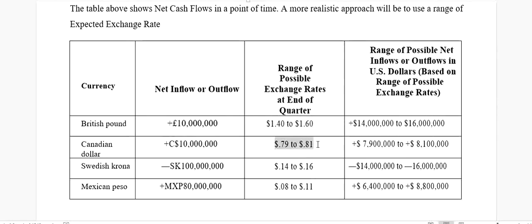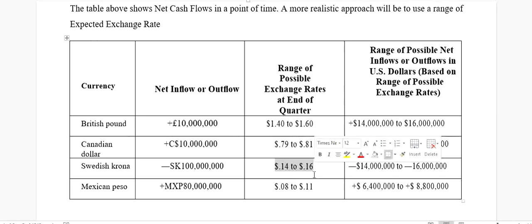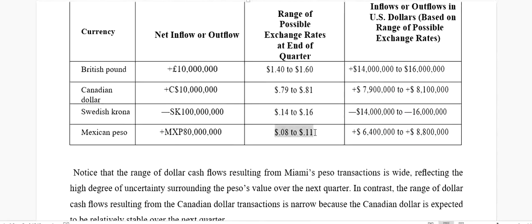Likewise for the Canadian dollar, it is 0.79 to $0.81. For the Swedish krona, it's 0.14 to 0.16, while for the Mexican peso it is 0.08 to $0.11. So this is a range, and the bigger the spread between the minimum and maximum value, the bigger the risk factor.